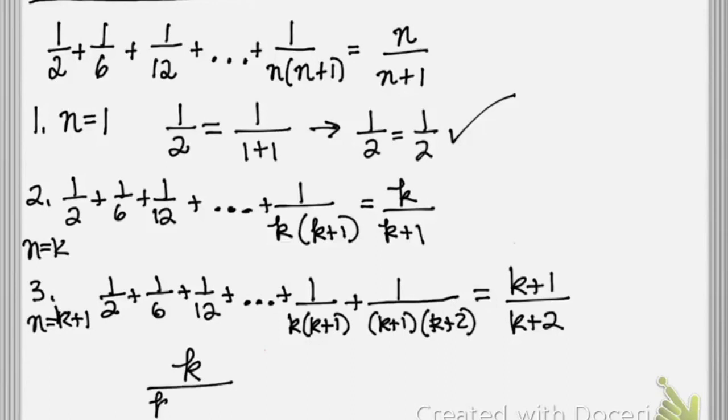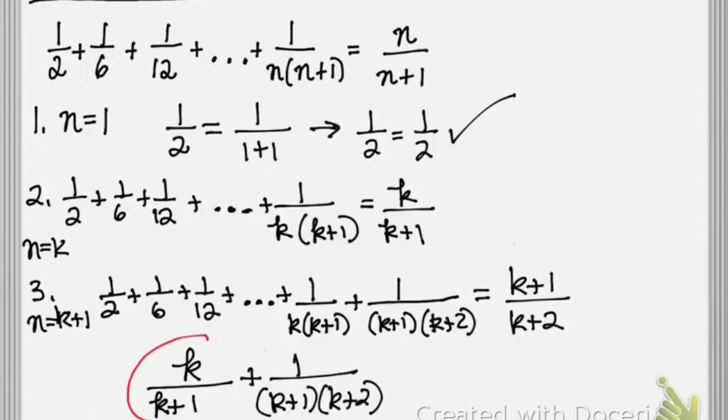So it's k over k plus 1 that is substituted, and then I just have that piece. I still have that. So we're going to add that. And that's here. And now the remaining work here is to show that this is in fact equal to this.